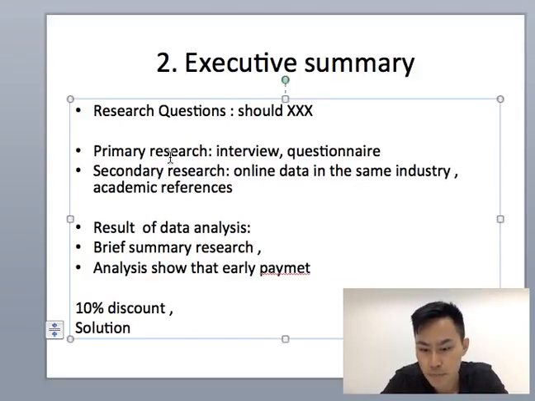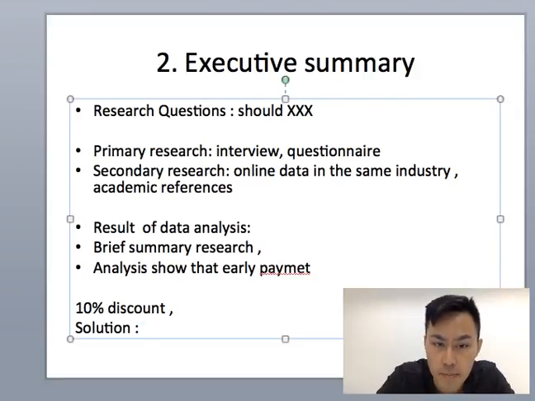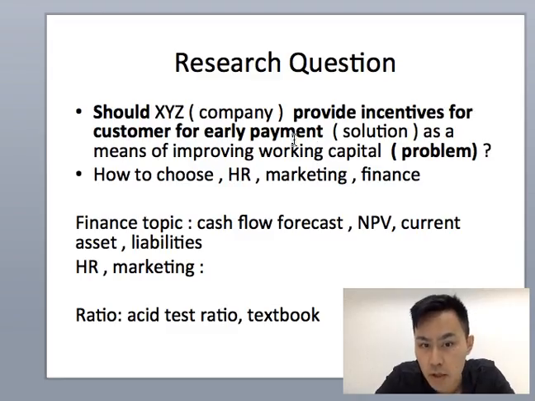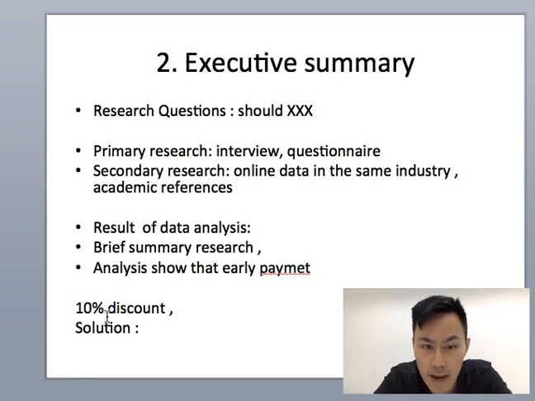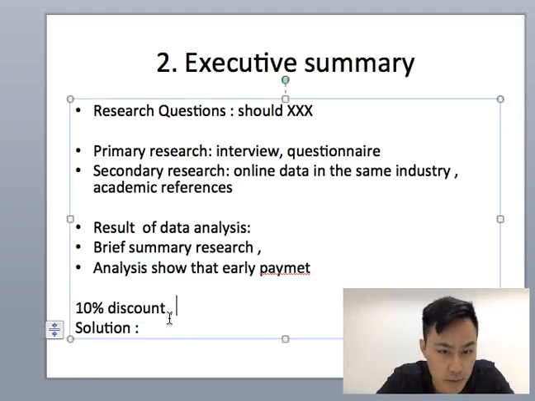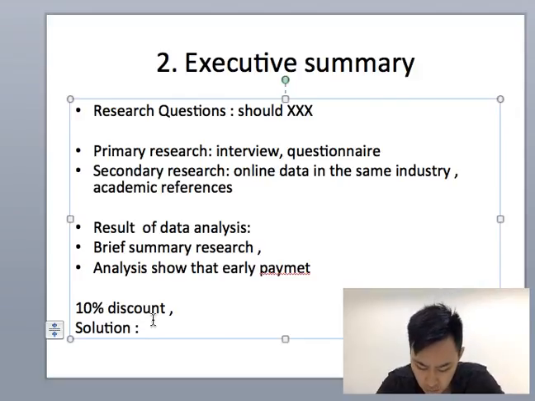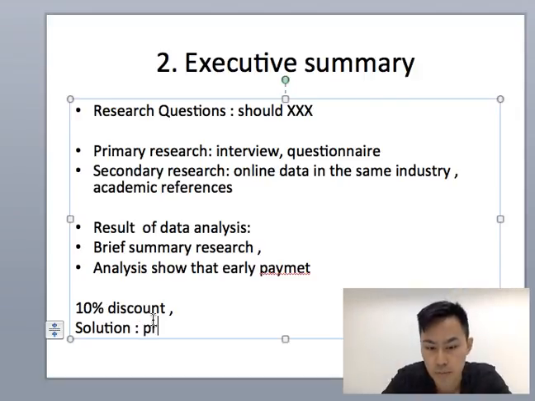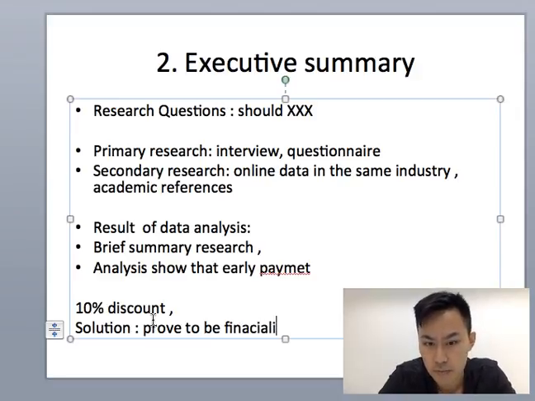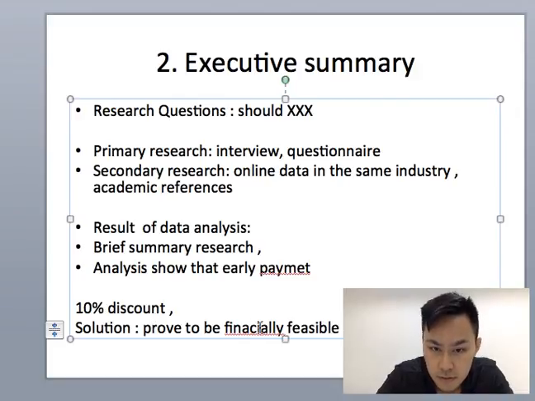What does it mean by the solution will work? Because when we refer to the research question, we always say we provide incentives for the customer for early payment, and after the 10% discount, it actually works. So you can say that. It's actually an option, and proved to be a financially feasible solution, right?